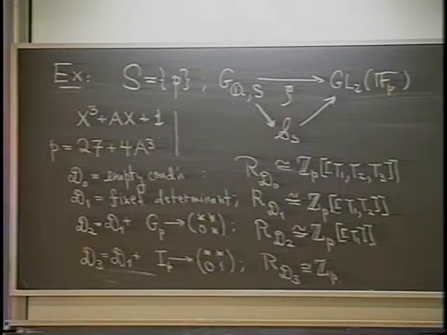And a number of people asked me what are examples of this. I won't go into detail, but I'll just say, for example, when P is 23 and you have your choice of essentially any determinant.